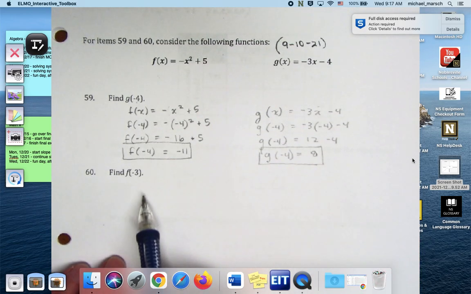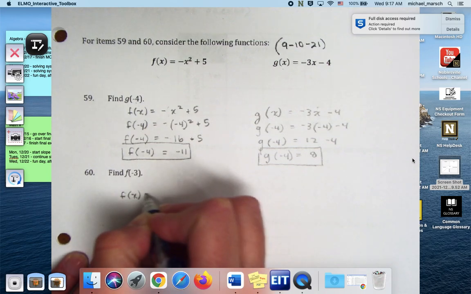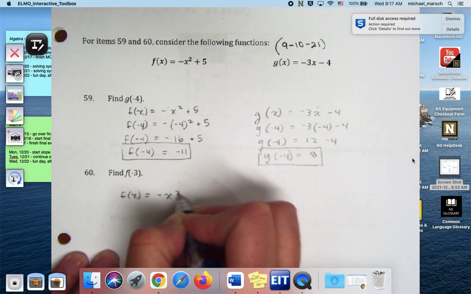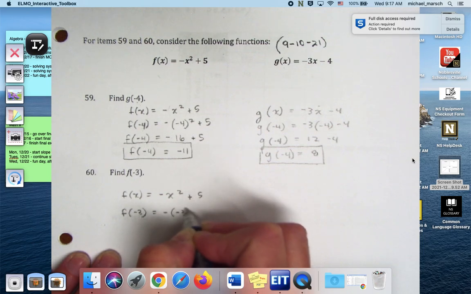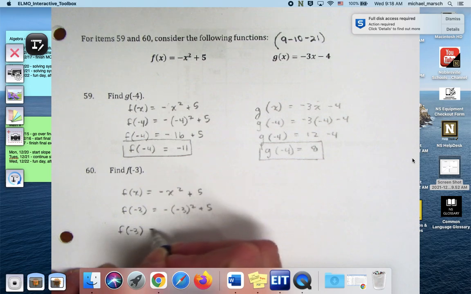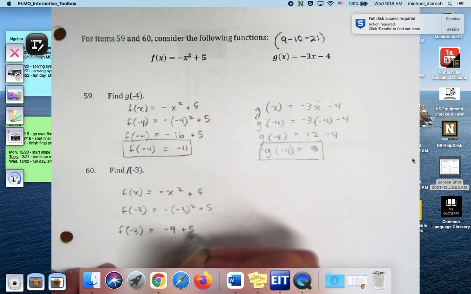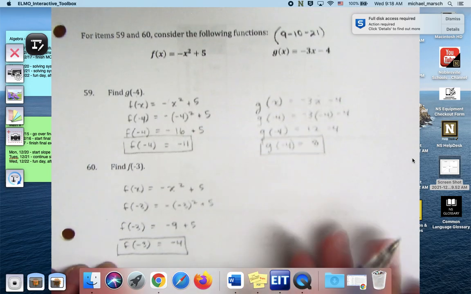All right, let's do both for -3 also. So f of x equals opposite of x squared plus 5. F of -3 equals opposite of -3 squared plus 5. So I'd get -9 plus 5. So I'm going to get -4 for my answer for this one.